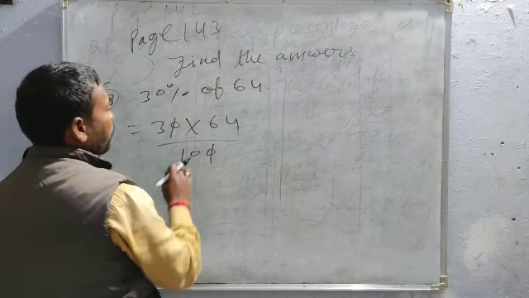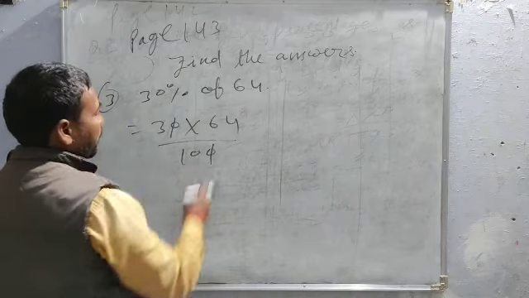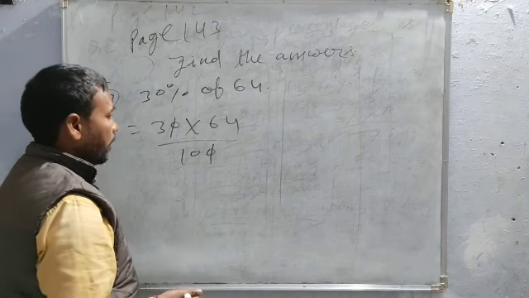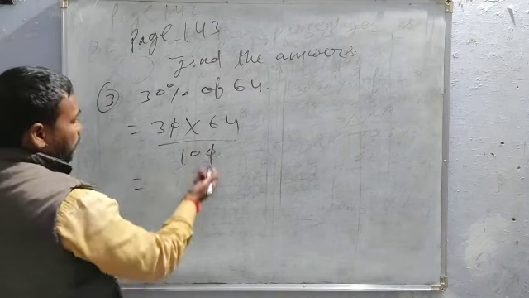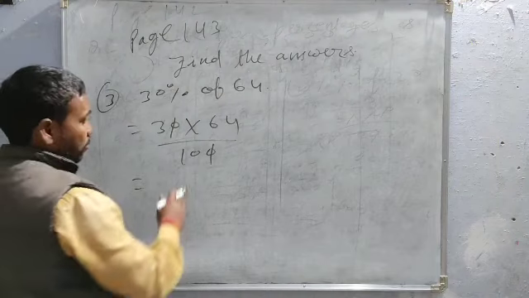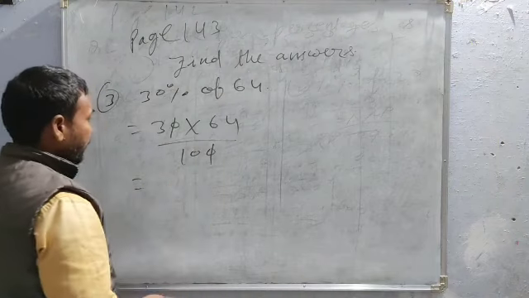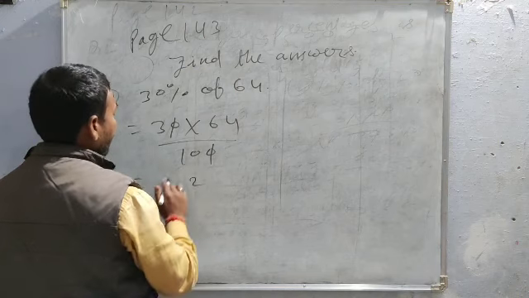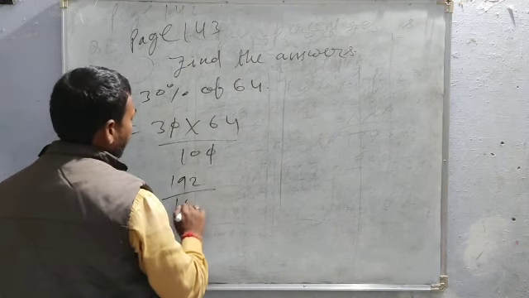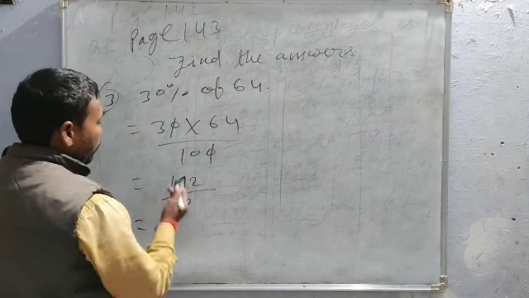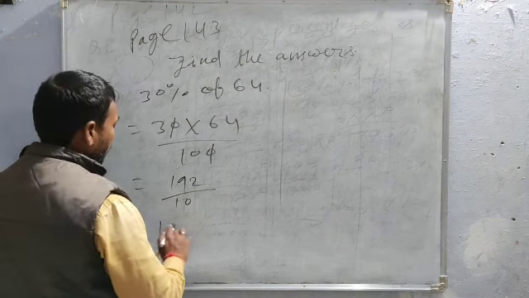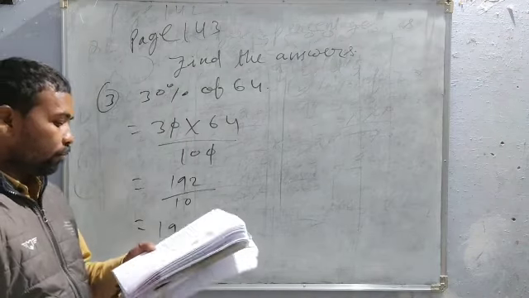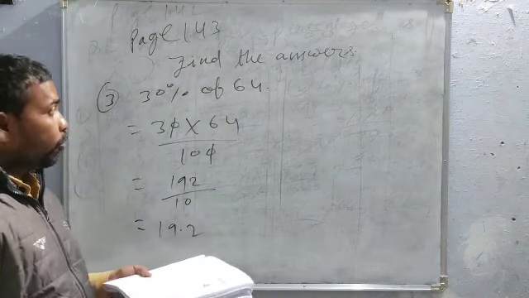Now check 64 and 10: multiply directly and divide by 10, because dividing by 10 is very simple. Or you can cancel a common factor first and then multiply and divide. Directly, 3 fours are 12, 3 sixes are 18, plus 1 is 19, so 192 divided by 10. You know that 192 divided by 10 becomes 19.2. So 30% of 64 will be 19.2.